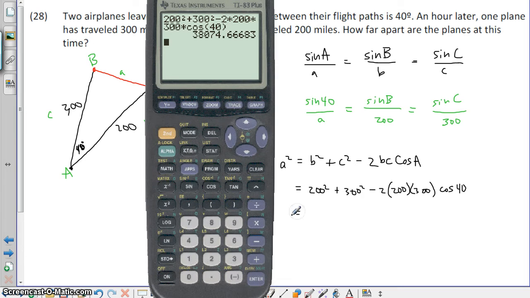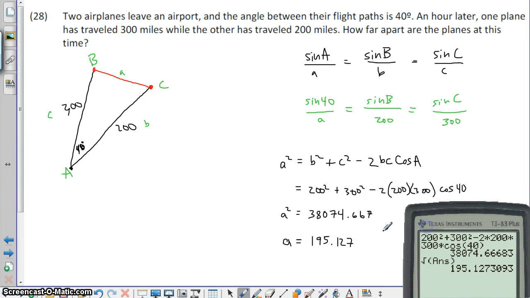So my a squared value, I'm going to get about 38,074.667, but then I'm going to square root that, and my answer is going to be 195.127. My units are in miles, so this is going to be miles.